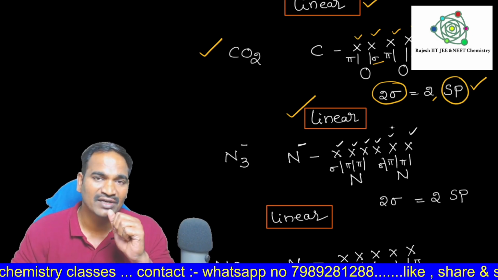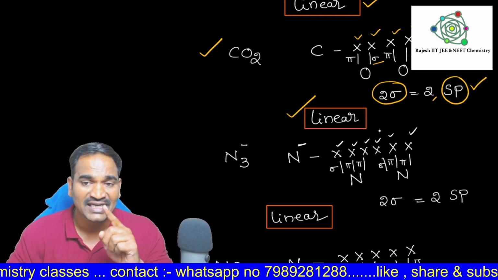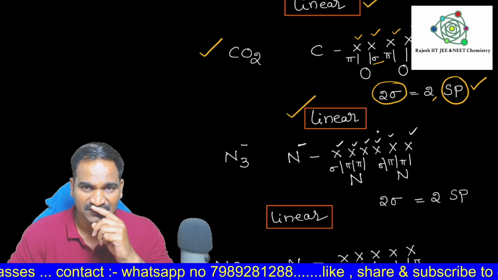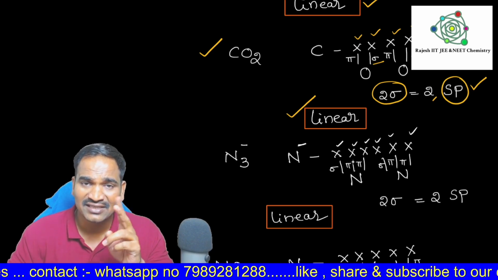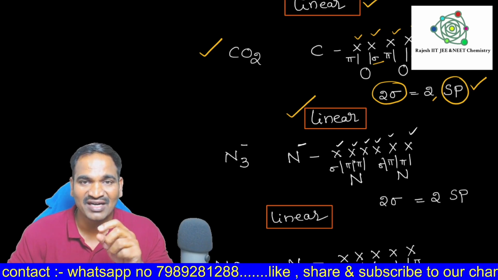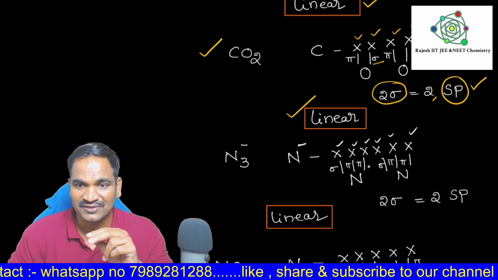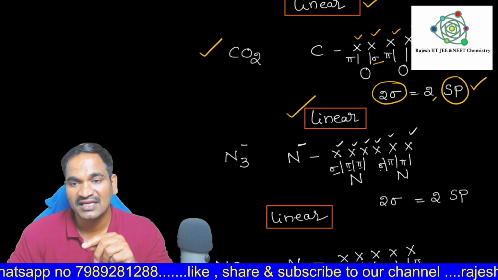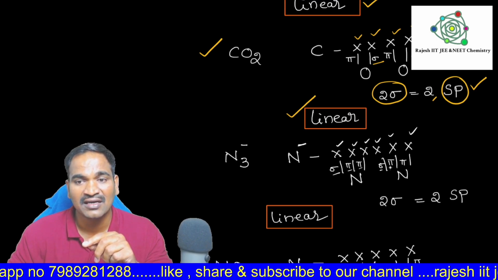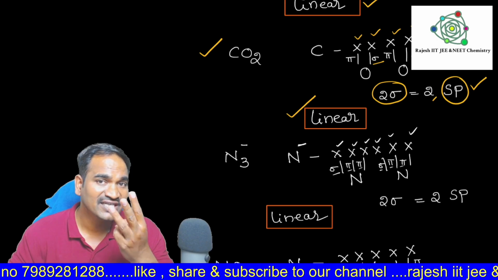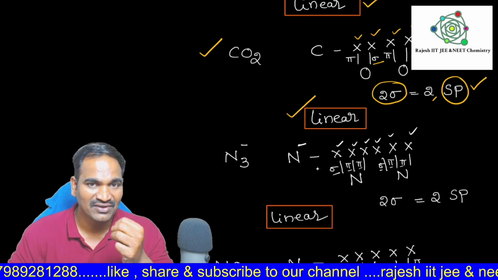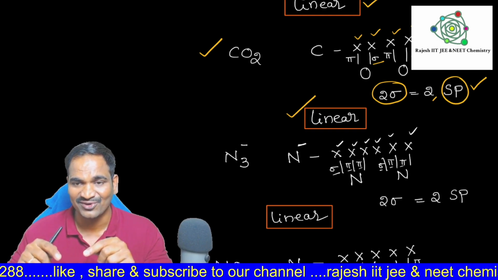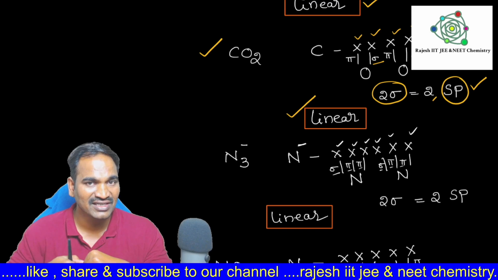Don't forget one important point here: nitrogen can form 3 bonds. Of the 3 bonds, 1 is sigma and the remaining 2 are pi bonds. So here you see sigma, pi, pi. The second nitrogen also has sigma, pi, pi, because 3 nitrogens are there. 1 is central, and the remaining 2 are bonded to the central nitrogen.